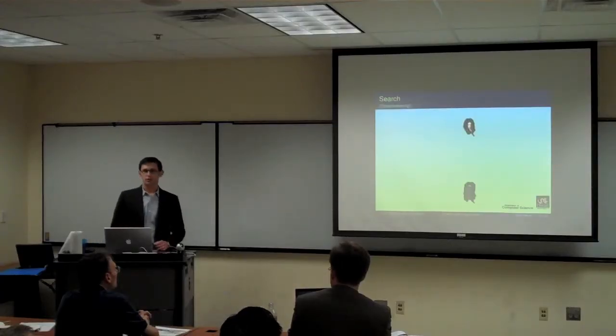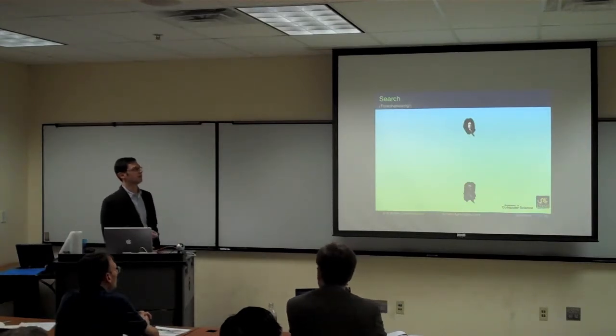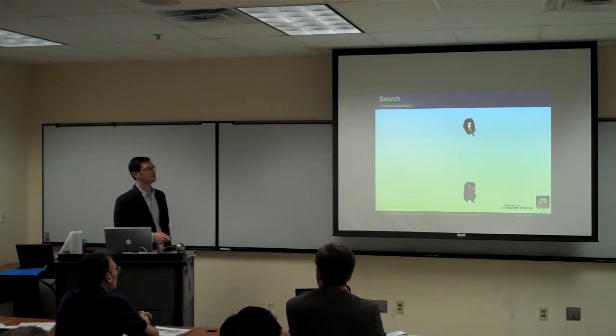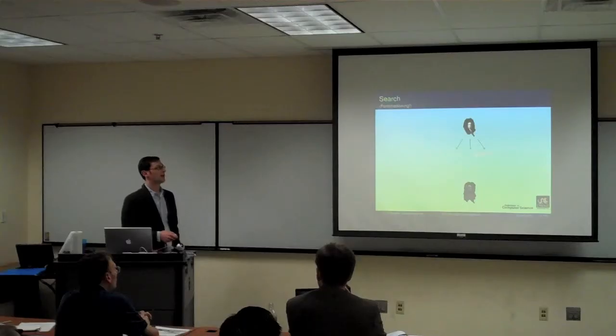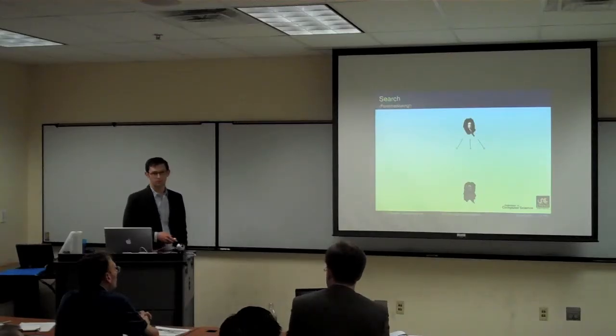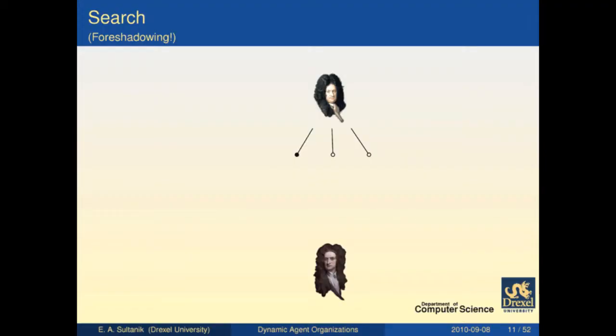So as a quick overview of search, in classical search, you have a start state and a goal state. And from the start state, we expand the successors from that state and add them as open nodes to what's called the fringe. Then we look at the fringe, we remove one of the nodes from the fringe and do the same thing, we expand it.